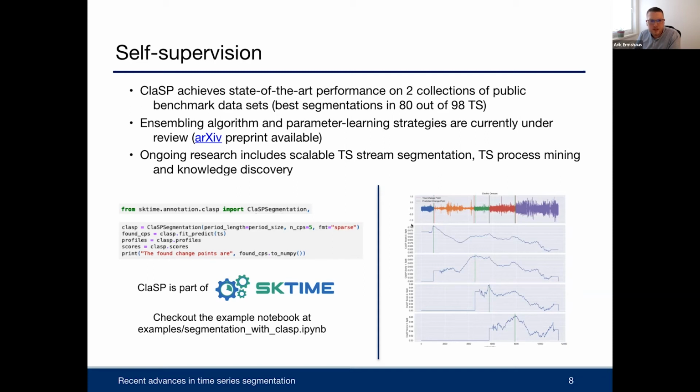We are also currently trying to advance this algorithm. We have parameter learning strategies under review and also ensembling algorithms to increase the accuracy of ClaSP and to apply it to new scenarios. And we are also trying to apply it in an online setting so that you can use it in real time, similar to FLOSS.